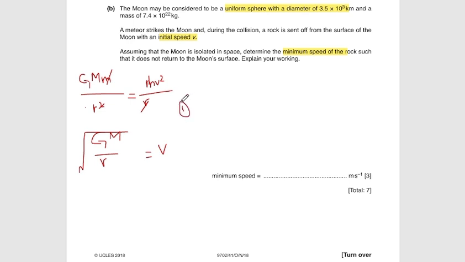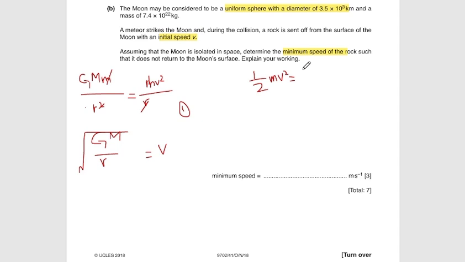Another formula is when we have to find the energies. The rock is sent off from the surface, and as it moves away from the moon, its gravitational potential energy increases as its kinetic energy decreases.